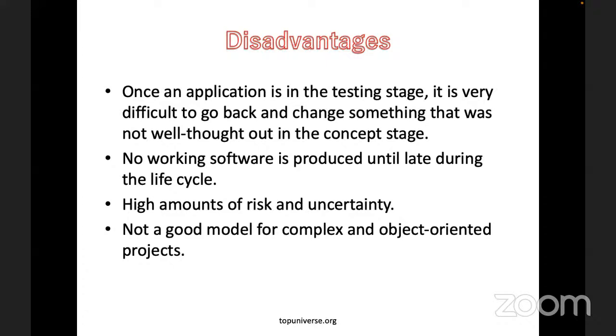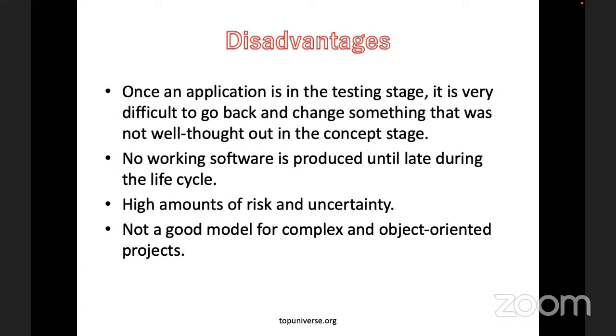Okay. So let's look at it again. I said once the application is in the testing stage, it is very difficult to go back. That is to say that once we've implemented all our designs, we implemented everything, and we're already testing them out, it is not so easy to go back and start all over again. And also, no working software is produced until late during the life cycle.